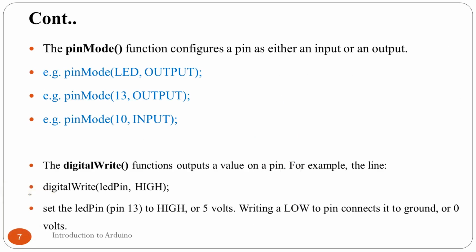Next is the pin mode function, which configures a pin as either input or output. So pin mode LED output, pin mode 13 output, pin mode 10 input. Suppose you want to define pin number 10 as an input, then you can write the function like this. If you want to define pin number 13 as an output, you write pin mode 13 output.